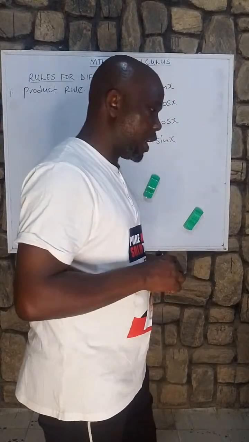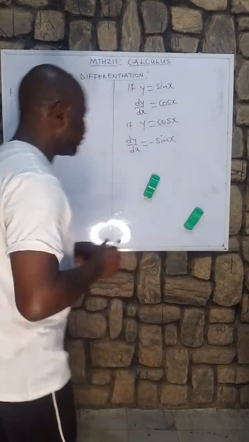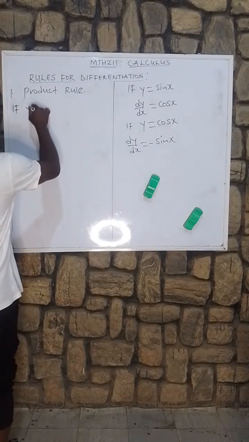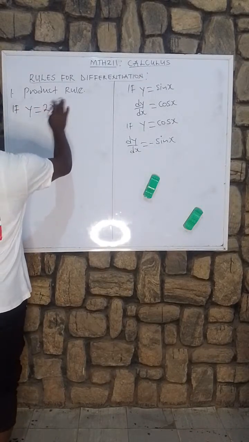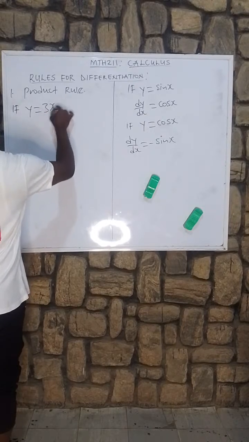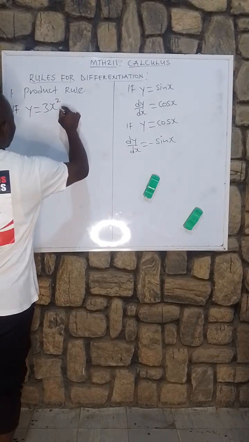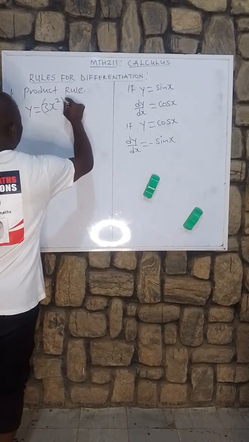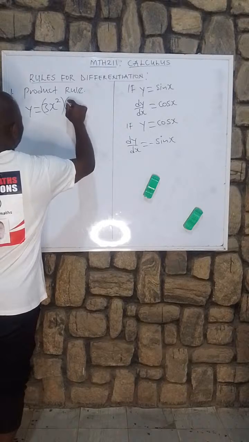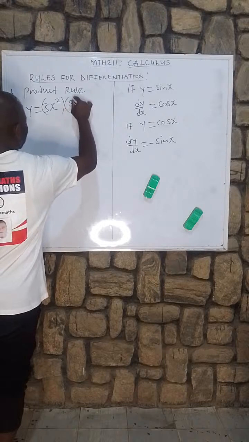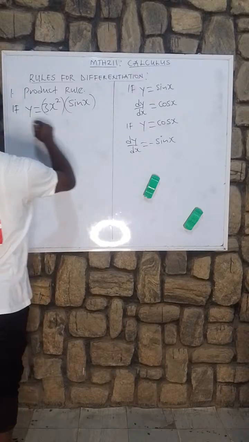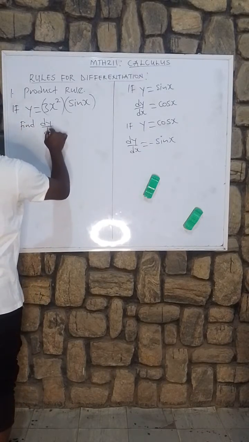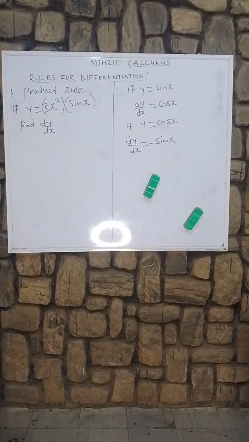So let's fix the idea with an example. If y equals (3x squared)(sin x), and they ask you to find dy over dx, it's simple as ABC.